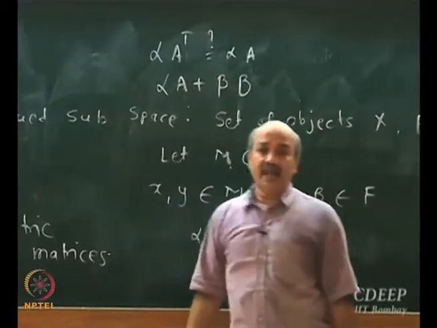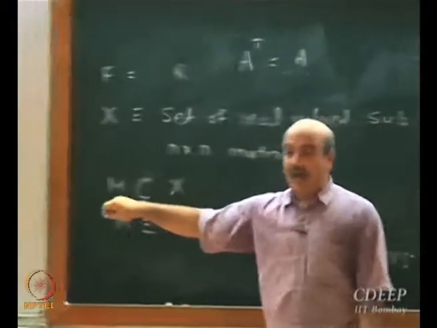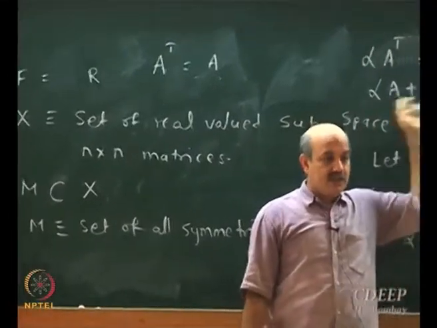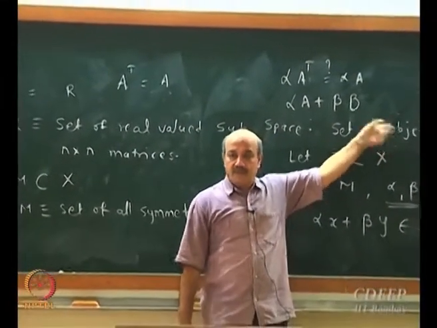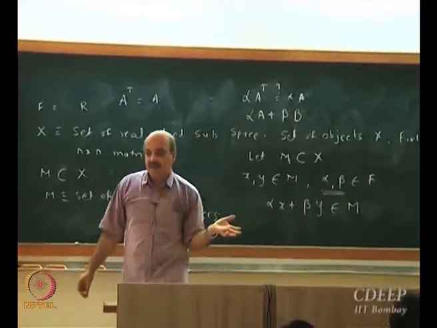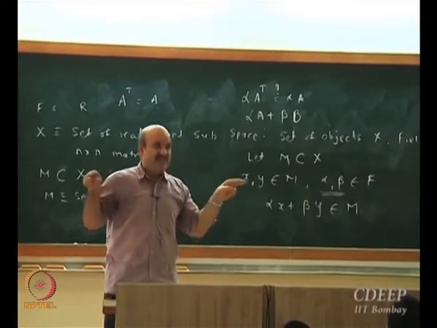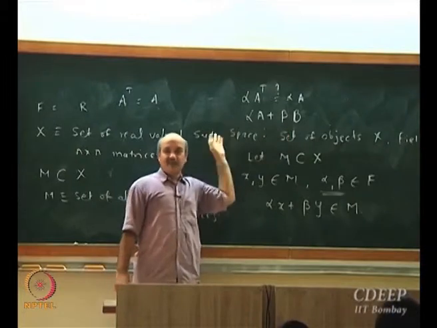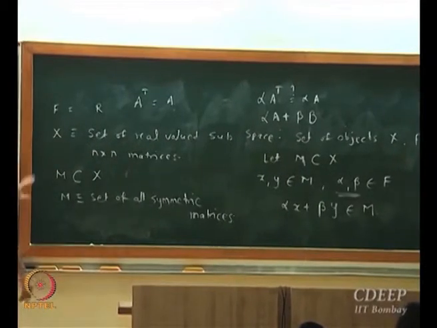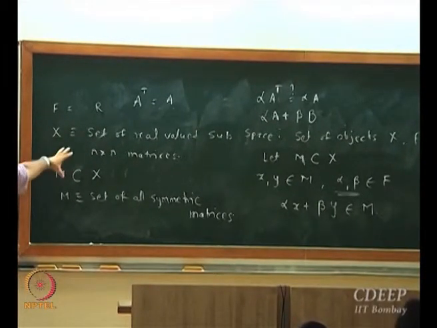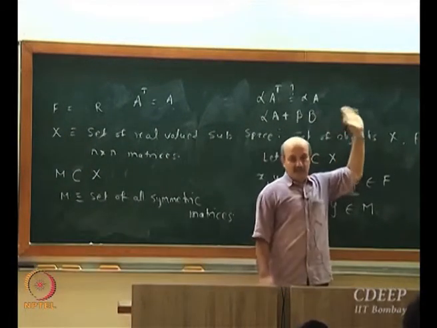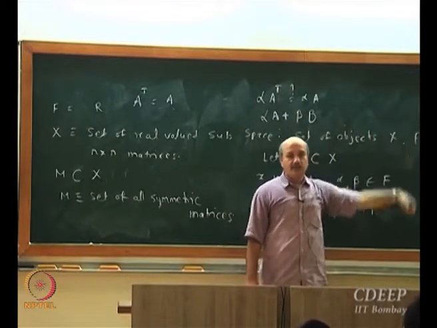If I take any two matrices A and B belonging to this subset M, will their linear combination also belong to M? If A is symmetric and B is symmetric, will this addition also be symmetric? It's a symmetric matrix. So the subset defined by this forms a subspace. Not every set will form a subspace, but this particular set of symmetric matrices will.